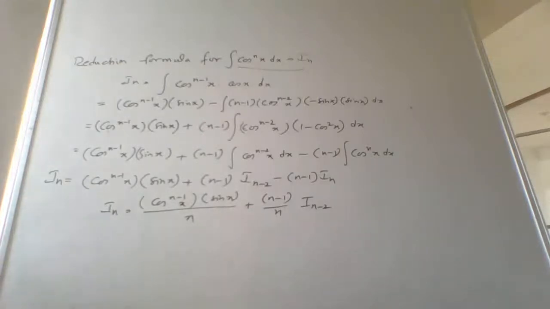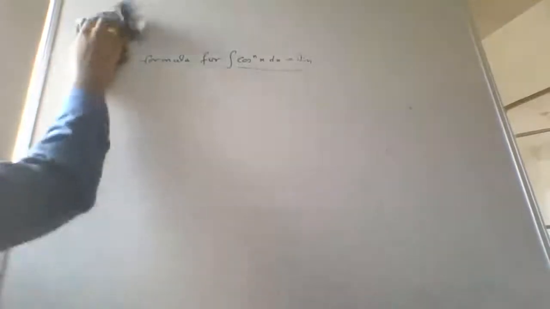Let us try to evaluate this, and let us find the integral of cos to the power of n x dx with the interval 0 to pi by 2. Let us get that result also. Please try to remember this reduction formula result, which will be helpful for solving the problems.